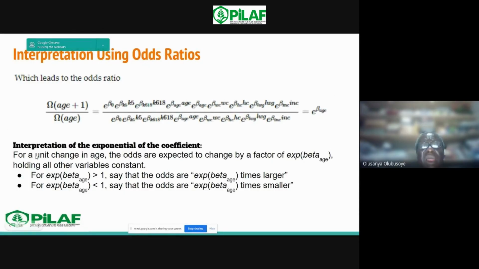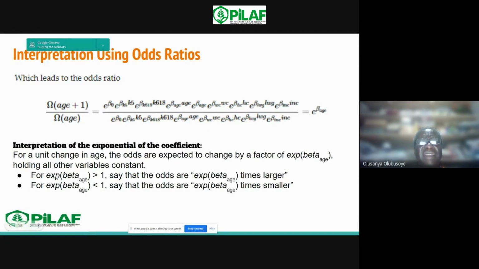And therefore, one way to quickly interpret the coefficient is to find the odds ratio. Interpreting the odds ratio is done this way, by simply taking the exponent of the beta coefficient.